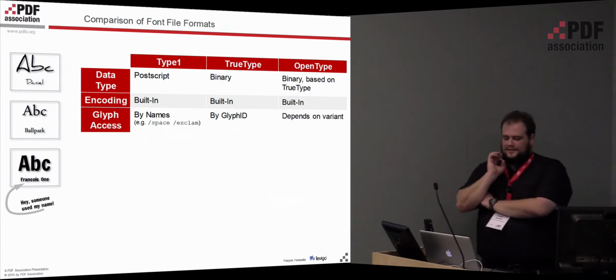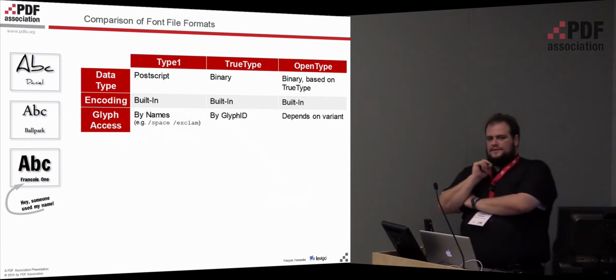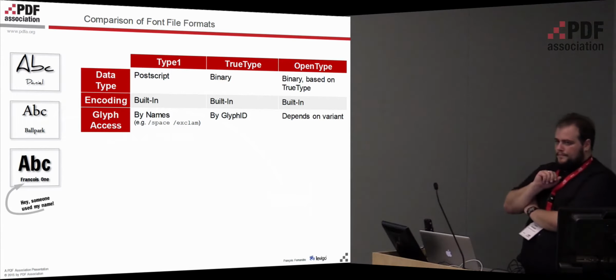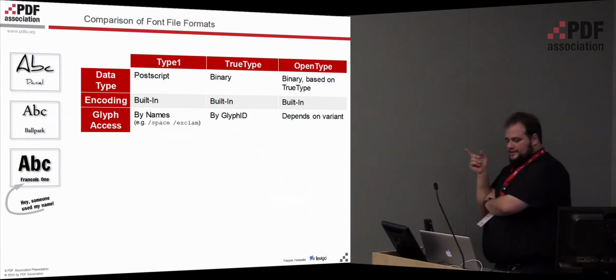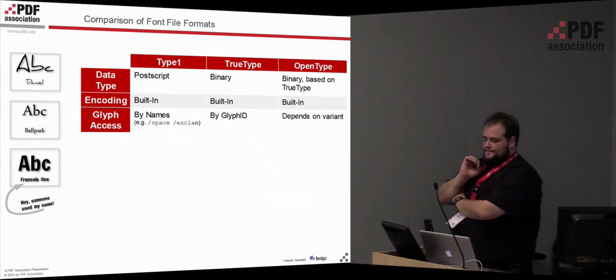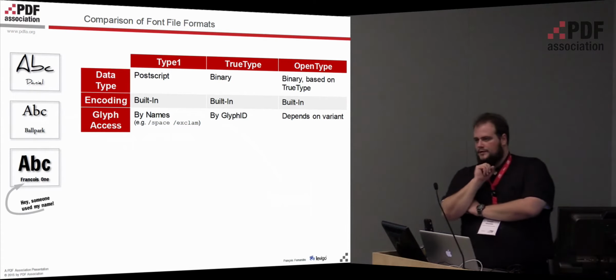And the interesting thing is, and there are a lot of differences, accessing the glyphs is done by selecting the glyphs using a name. Compared to that, TrueType selects glyphs by a glyph ID. So in Type 1, you have a kind of strings, and TrueType is all just numbers.